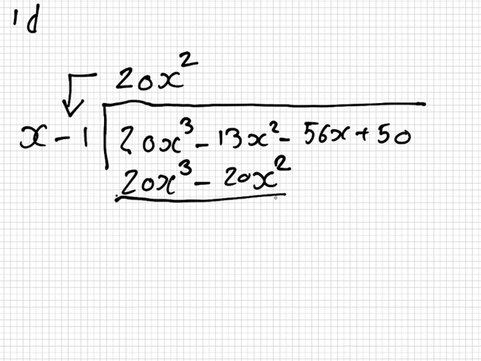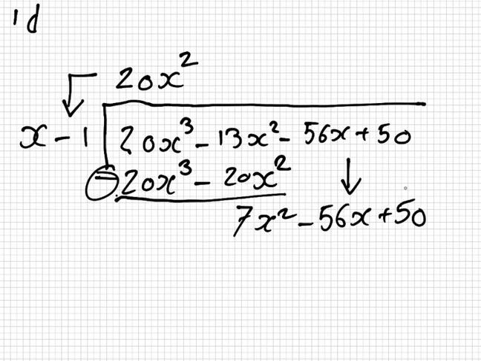Now I subtract, and I go, minus 13 minus minus 20, 7x squared. And then these get carried down. I start again, and here I would need 7x, because 7x by x is 7x squared, and then 7x by minus 1 is minus 7x.